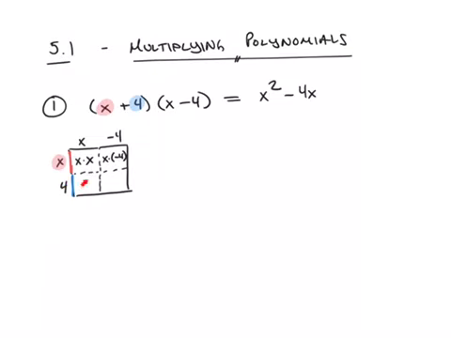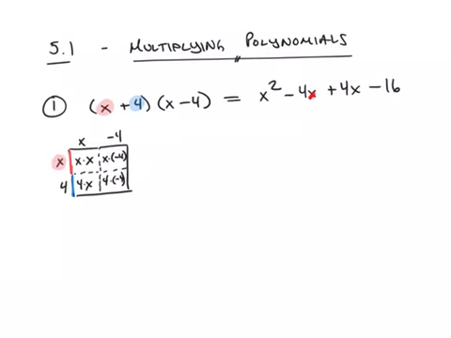So it's 4 times x and 4 times negative 4. 4 times x is 4x, so I'll add on a 4x, and then 4 times negative 4 is negative 16.